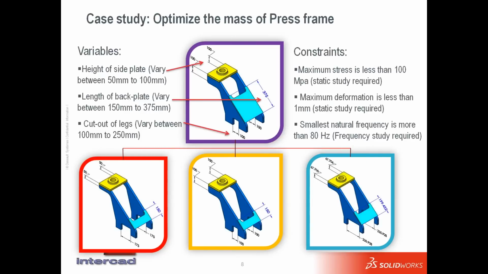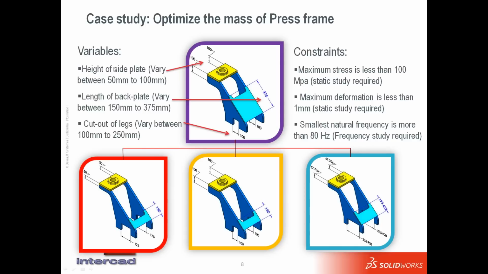Now let's explain and explore more about the practical example we will have today. We have a press frame design, as you can see in this figure, with the dimensions as you can see on it. We aim to first test if our design is satisfying our condition, and second, how we can optimize it.